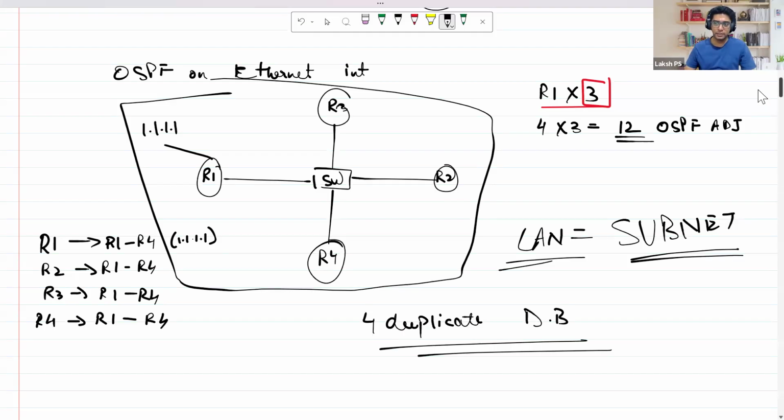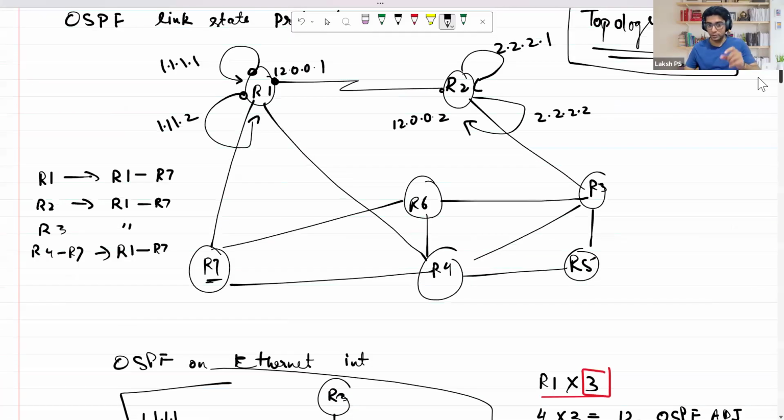In our previous example, please remember, none of these routers are connected through a switch. It's a direct link between two different routers. So the OSPF messages that we are talking about over here, any update, will be passed on only to the directly connected neighbor.